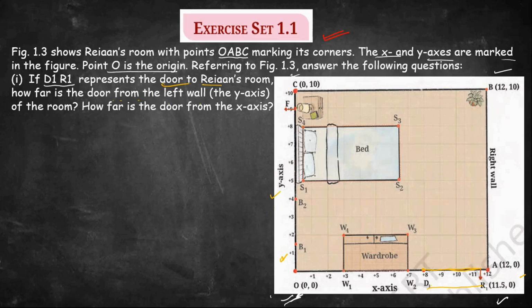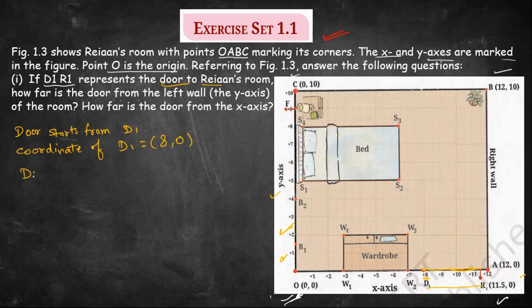First of all, we'll write the D1 coordinate because we have to check from the left wall. The door starts from D1. The coordinate of D1 is what? Here you can see x is 8 and y is 0. So 8 comma 0.